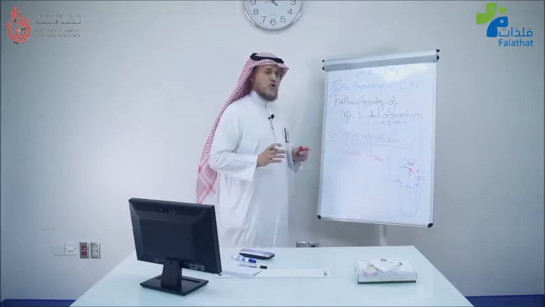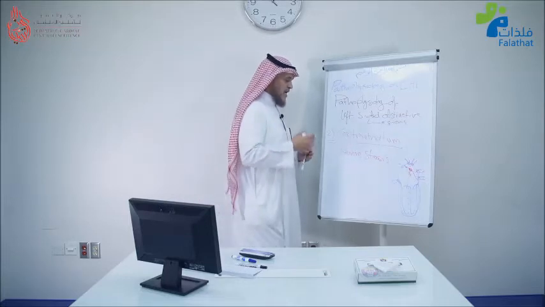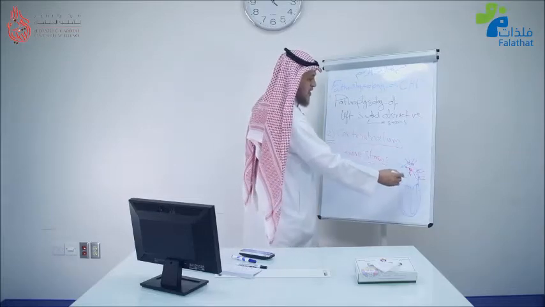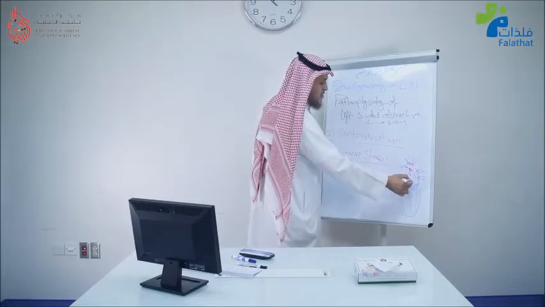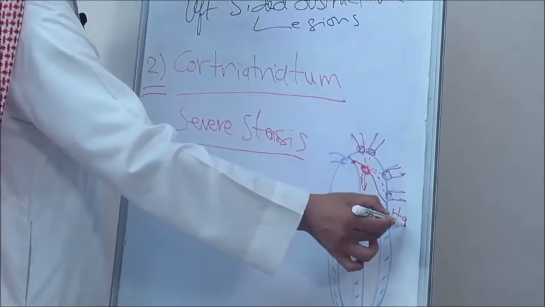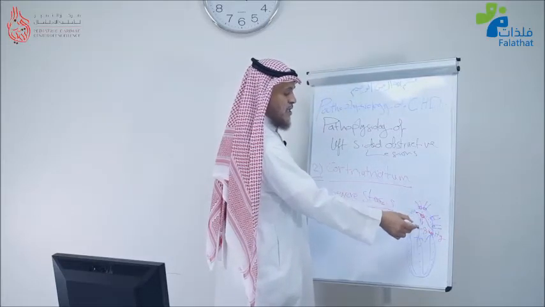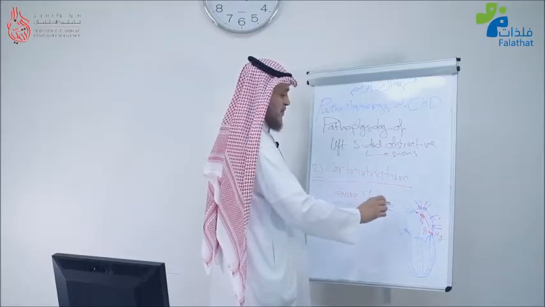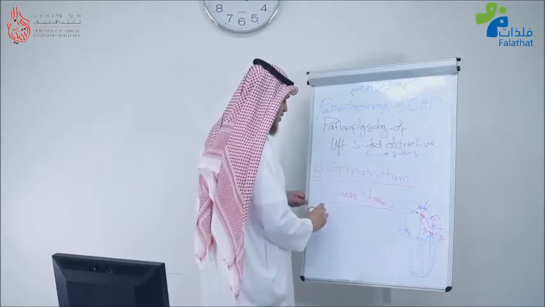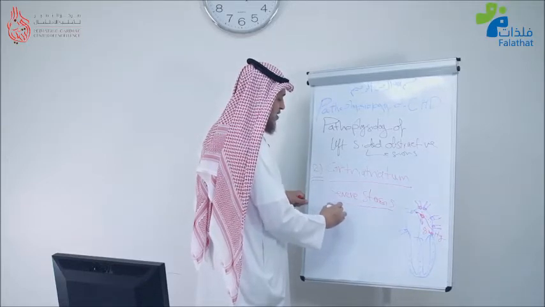If we know that cor triatriatum is usually moderate to severe or severe, then let's talk, as we said before, about pressure gradients. Like before, this is the mean left atrium pressure of 8 millimeter mercury. If we talk about severe stenosis, then we usually have a pressure difference of 12 and above, usually 12 to 18.